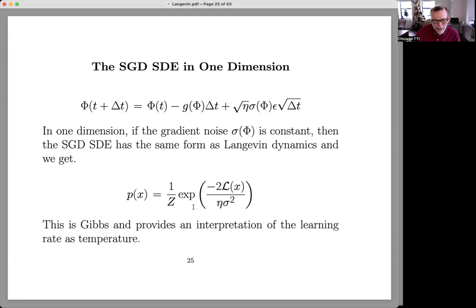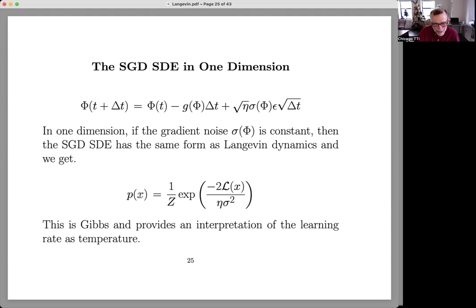And so the same analysis gives us this exponential form. And I promised earlier that we would formally derive an interpretation of the learning rate as temperature. And this, in one dimension, does that.